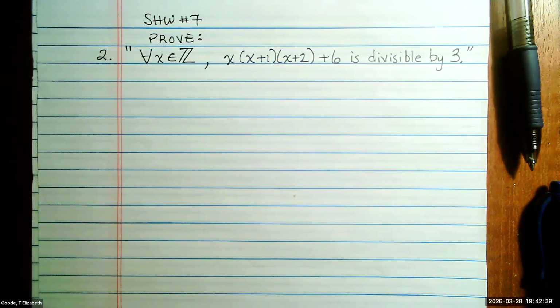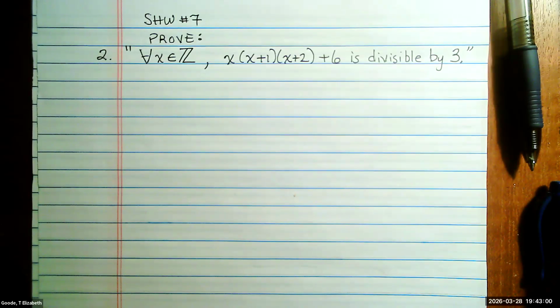So now we have our 3 out front, and this long expression, these 3 binomials multiplied together, those are the factors that build our q that's an integer. Does that make sense?